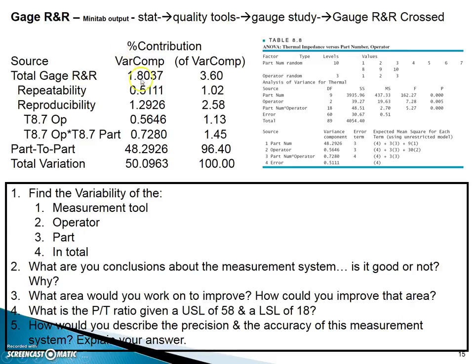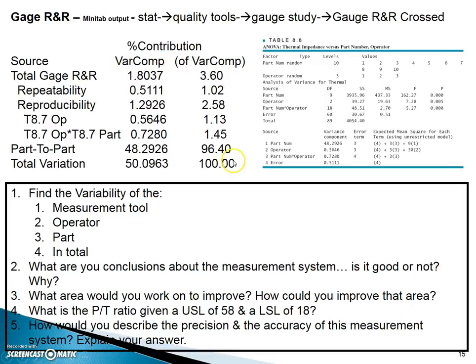And the variance due to the total gauge is the variance due to the tool itself, which is the repeatability, plus the variance due to the operator, the reproducibility. So we have the variance due to the operator of 1.3, I'm rounding, plus the variance due to the tool of 1.5 gives us the variance of the gauge of 1.8.